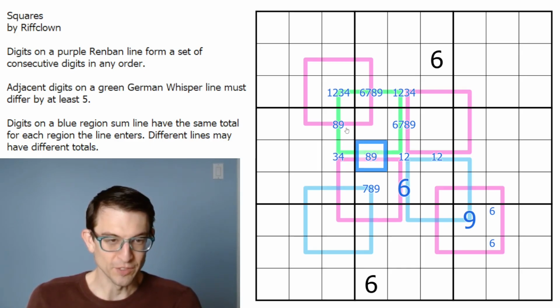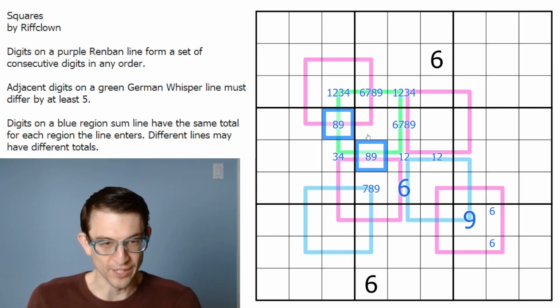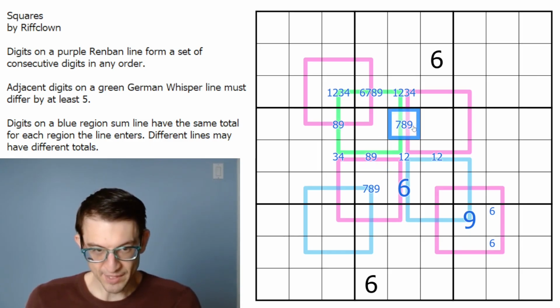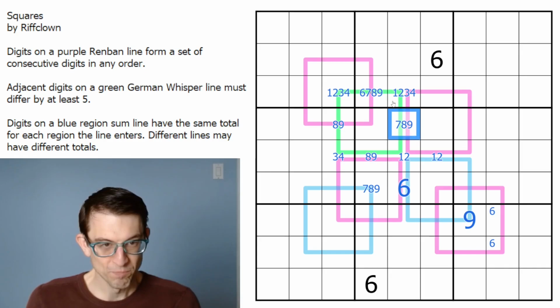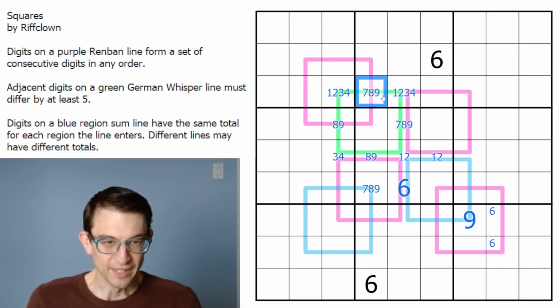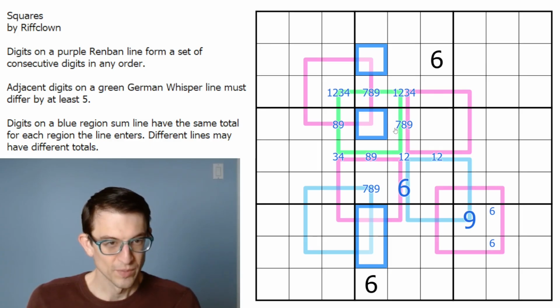It can't get low enough to make that 7 work. So these are both either 8 or 9. This can't be 6 for the exact reason we described before. This can't be 6, again, because these would both have to be 1 if that were 6. And I do have this 7, 8, 9 triple here, which might be useful, but I don't immediately see how, with a 6. So these are all lower digits.